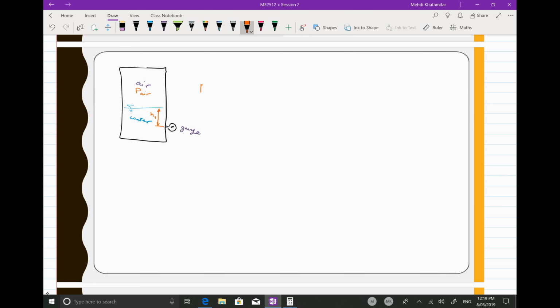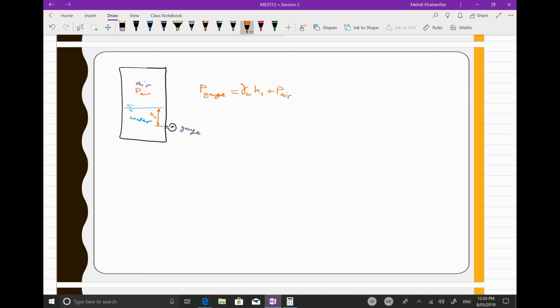So pressure at gauge is going to be the summation of gamma for water times H1 plus pressure of air at the top. That's it.